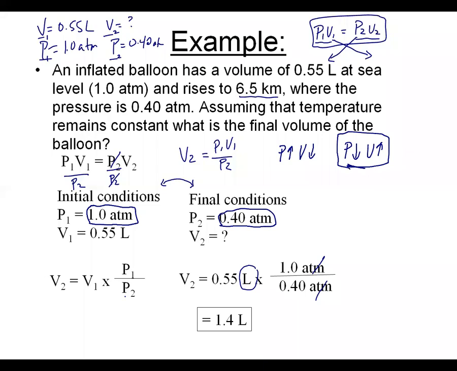And what we should see is the volume goes up, and we do see that, right? It went from 0.55 liters to 1.4 liters. So the volume did go up, based on what we would expect. If you understand these relationships between how these variables affect each other, you could check your answer just to make sure.